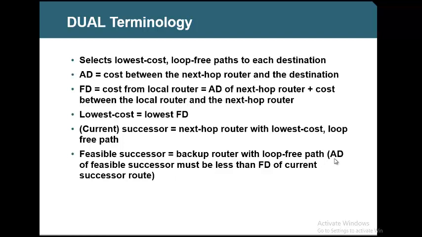See the bracket. The advertised distance of the backup route, I'm just using the words backup route instead of feasible successor, must be less than the FD of the successor. You understood this point?